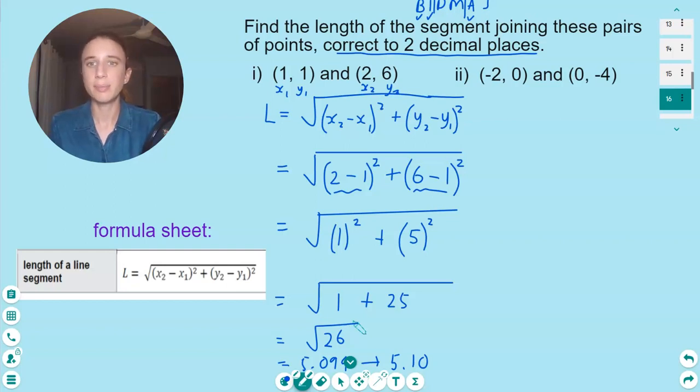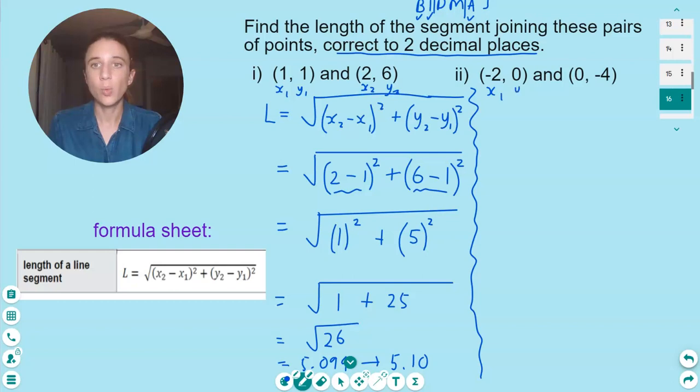Now there are some negative numbers in here, and they can be a bit tricky, but as long as you just follow a process: label your points, x1, y1, x2, y2, and then we've got our formula, which is on our formula sheet. We don't have to remember anything. The change in our x coordinates squared plus the change in our y coordinates squared.